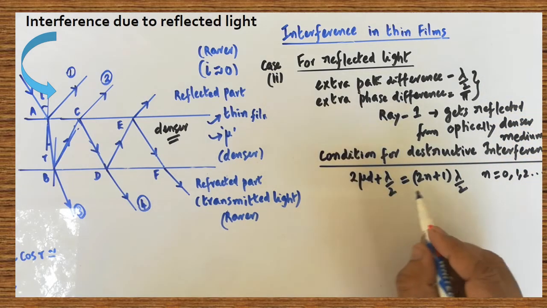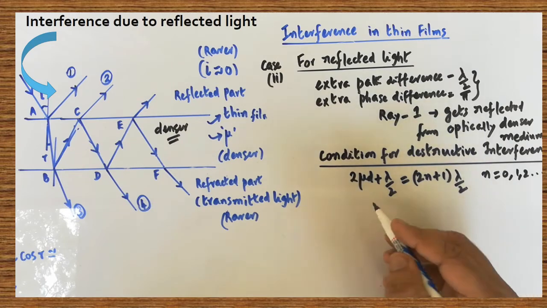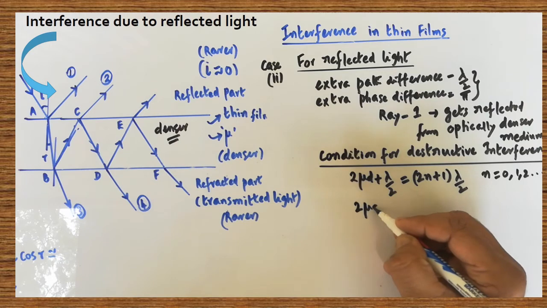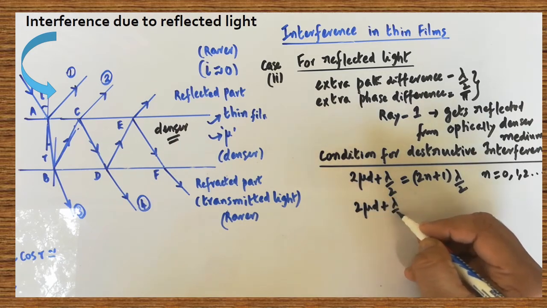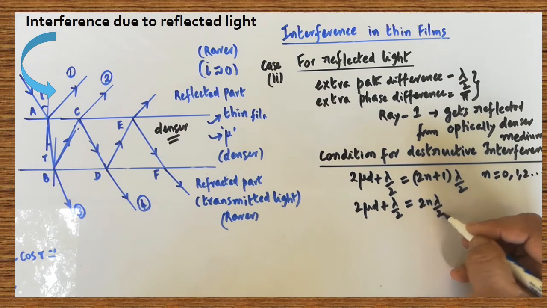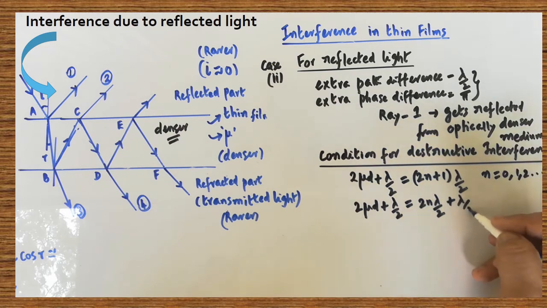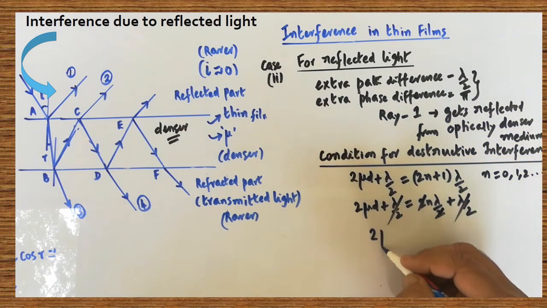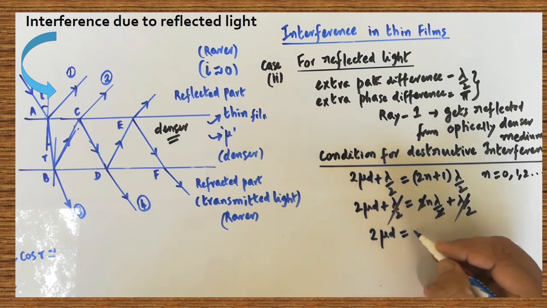Now we can interchange the equations and look at that. 2 mu d plus lambda by 2 is equal to 2n lambda by 2 plus lambda by 2. This lambda by 2 can be cancelled, 2 can be cancelled. So finally you are getting 2 mu d is equal to n lambda.